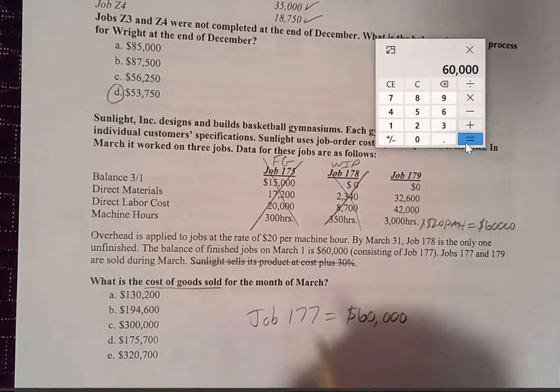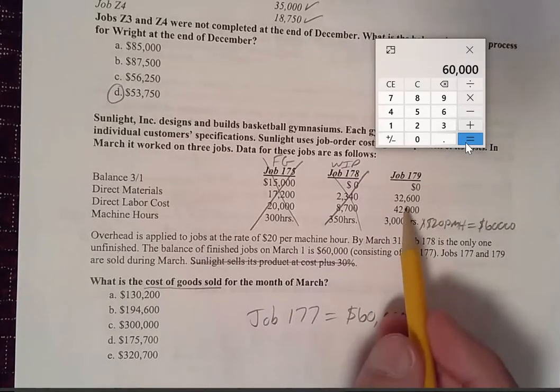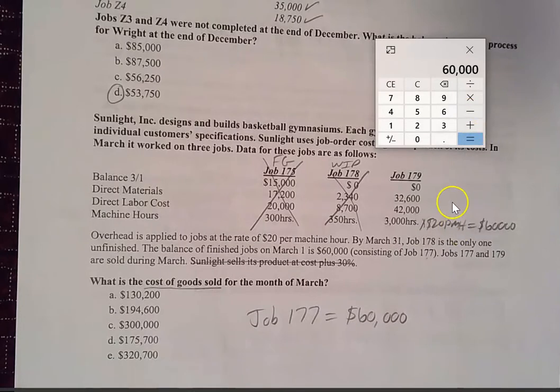Okay. So we can just take these costs. This 60,000 right here on the calculator is for this $60,000 in overhead. I'm going to go kind of backwards here. Direct labor cost of 42,000 plus direct materials of 32,600 plus this 60,000 here, which is a different 60,000.